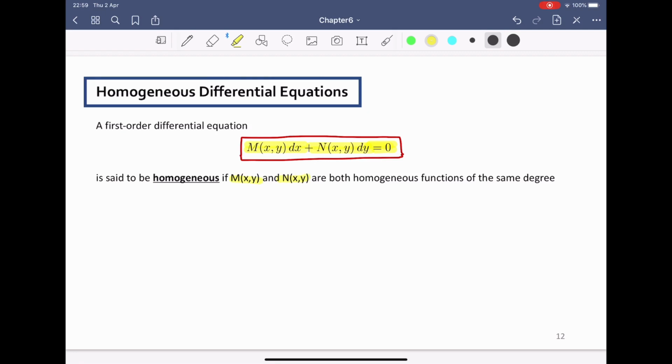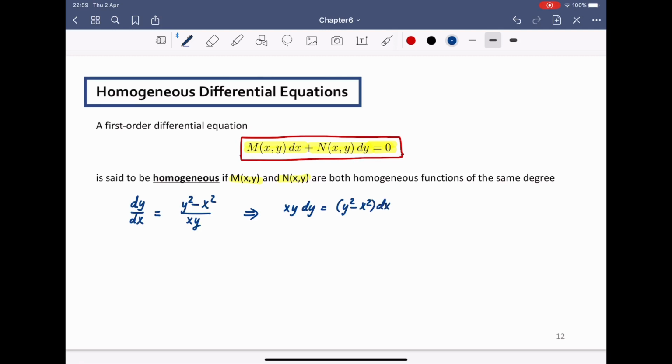Once you simplify into this form, it is called homogeneous if M and N are both homogeneous. For example, let's take a look at dy/dx equal to (y squared minus x squared) over xy. I want to check if this differential equation is homogeneous, so I have to simplify it. It will be xy dy equal to (y squared minus x squared) dx.